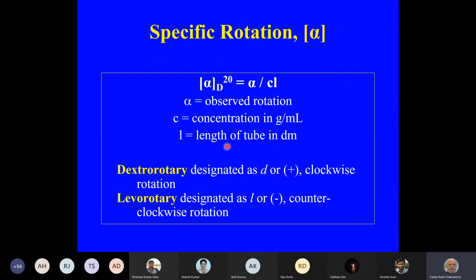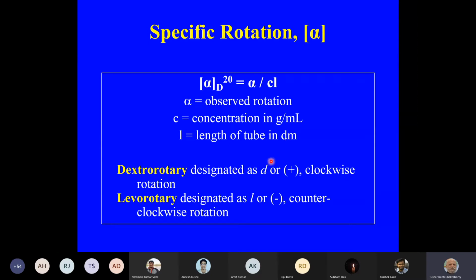To define a chiral compound's physical property, we normally use a unit called specific rotation, which we put in parentheses. D is the D line of sodium, 20 is the temperature, it could be 22, it could be 25, and it is equal to alpha divided by C L. Alpha is the observed rotation in degrees, C is the concentration in gram per ml, and L is the length of the tube in decimeters.